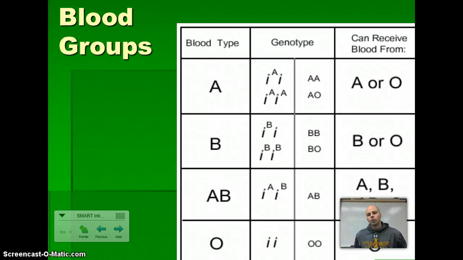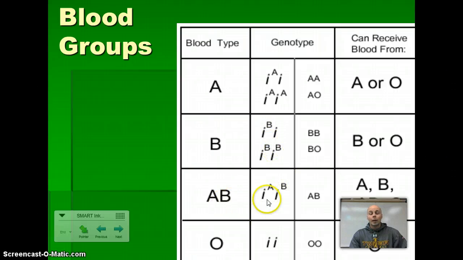If we take a look at each of those blood groups, A, B, AB, and type O, you can see the different genotypes that are created from those. IA, having the dominant allele with that recessive O, still gives you type A blood, or it can be homozygous for two capital A's. Type B has these same combinations, heterozygous or homozygous.